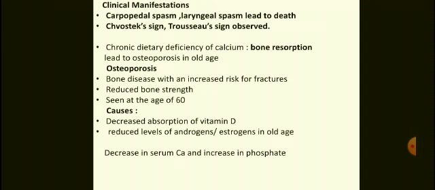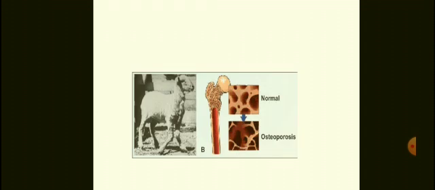There is decrease in serum calcium level but increase in phosphate level. So here you can see the normal bones and the one which is seen in osteoporosis. The bone strength or bone density gets decreased in case of osteoporosis.